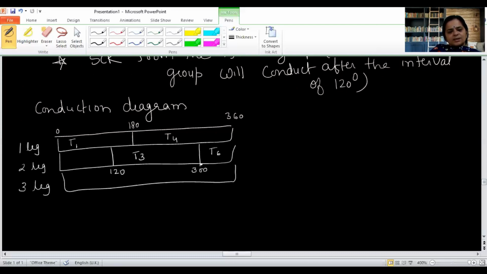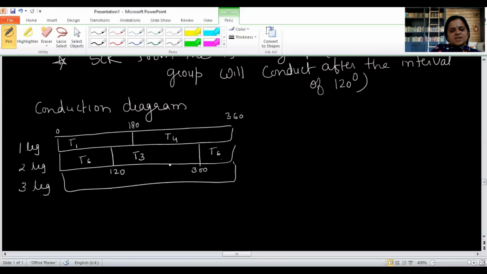T6 will start conducting at 300 and it will also conduct for a duration of 180, so 300 to 360 gives 60, and adding 120 more, it conducts up to 120.